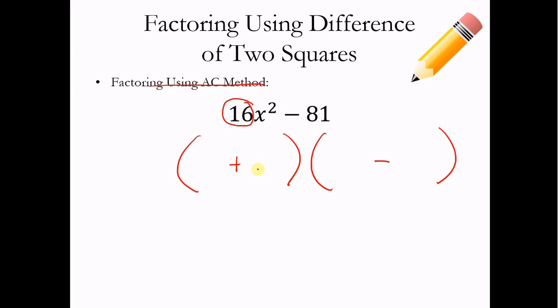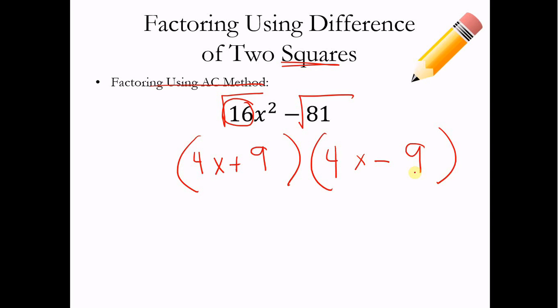Notice how there's a 16 with this. So it's not just going to be x and x in the front. There's going to be a number with that x. But it's a perfect square. So what's the square root of 16? 4, right? So there's going to be 4x on the front. And then what's the square root of 81? 9.